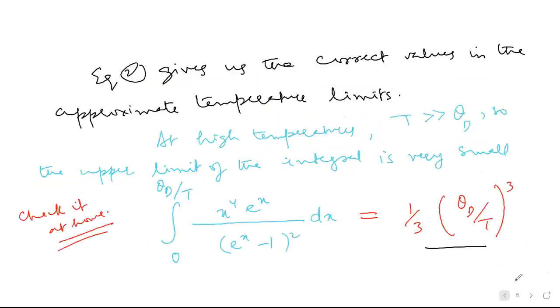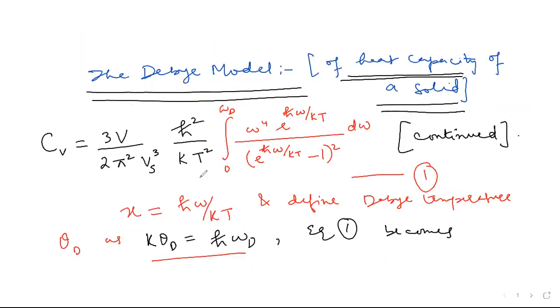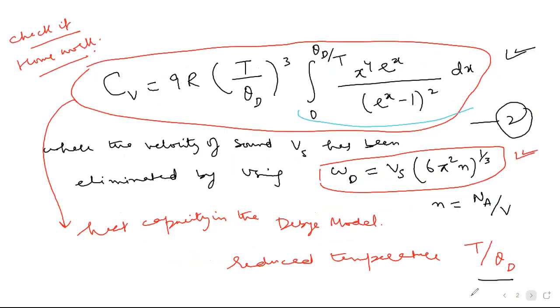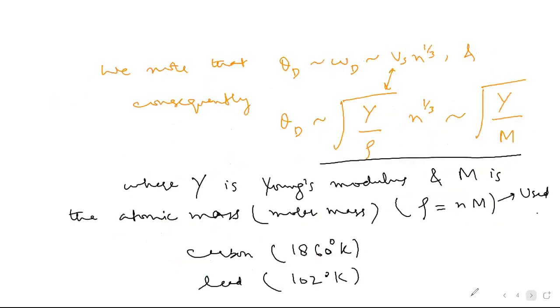Let me summarize my lecture before leaving. We started with the equation which we obtained in the last lecture. Then we simplified it by making a variable change, and I gave you this homework to check it. That was your home assignment 1. Then we justified the fact that diamond has high Debye temperature and lead has low Debye temperature.